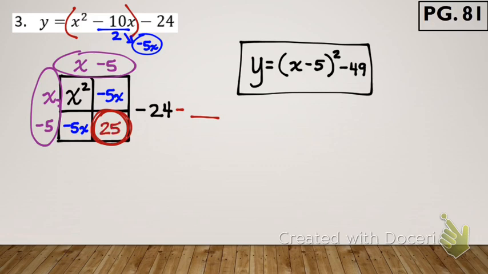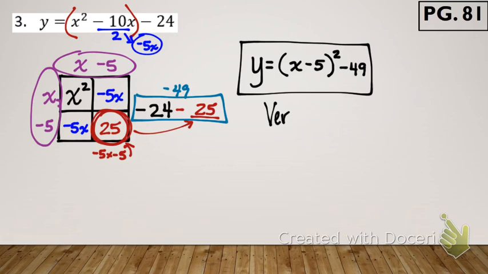25. How did you get the 25? Yep. We do negative 5 times another negative 5 to get that. And when I combine these two together, I get negative 49. So where is this vertex at? Positive 5 and negative 49.